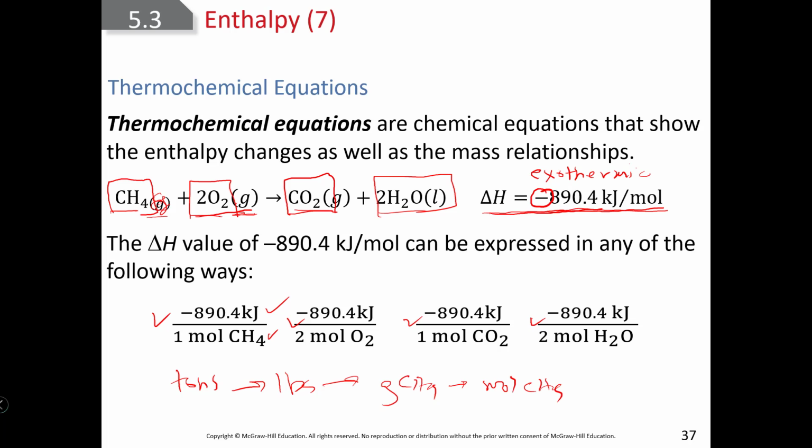And once you get to moles of methane, you can come to your balanced chemical equation and see for every 1 mole of methane you get this much energy. So you're going to use this conversion factor to convert from moles of methane to kilojoules of energy. So, looks much like a stoichiometry problem, works much like a stoichiometry problem, but instead of mole to mole ratio, it's mole to energy ratio.